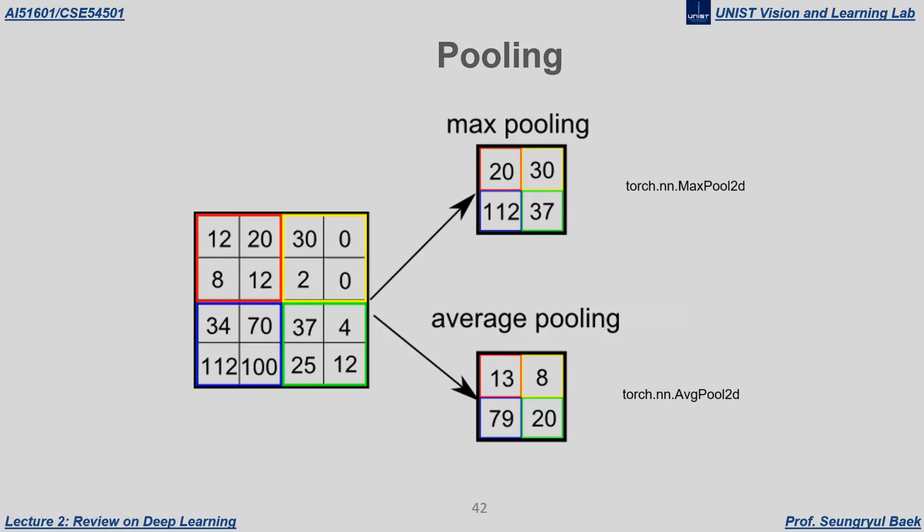There are various types of pooling operations, but max pooling and average pooling are the representative ones. Their aim is to reduce the input image size.